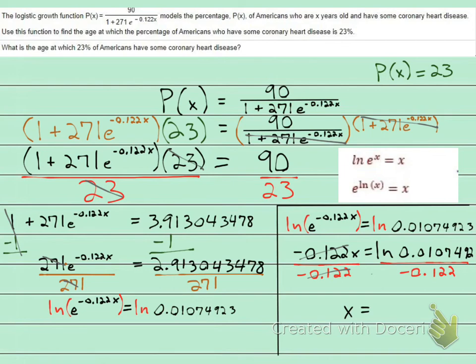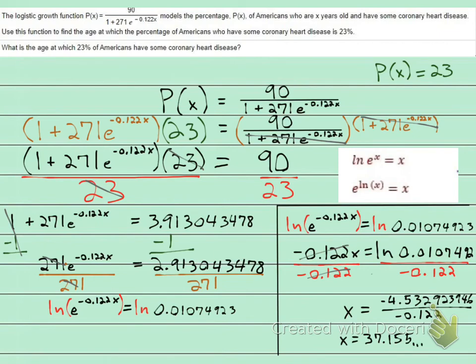All right, so I see that my natural log of all that stuff is negative 4.532923946, and I am going to divide that by negative 0.122, and let's see what I get. I get 37.155, and on and on and on.